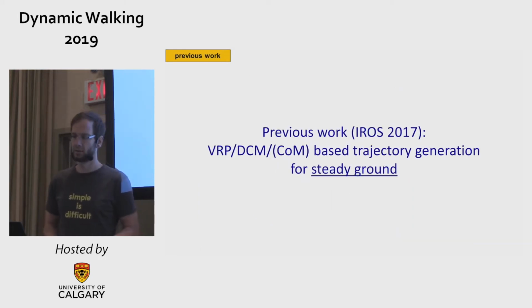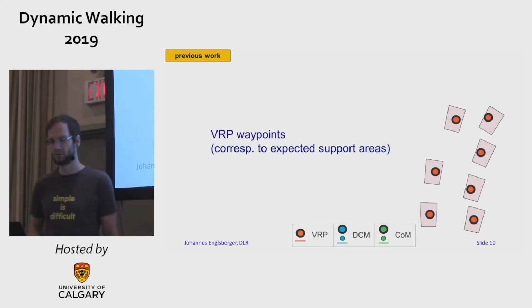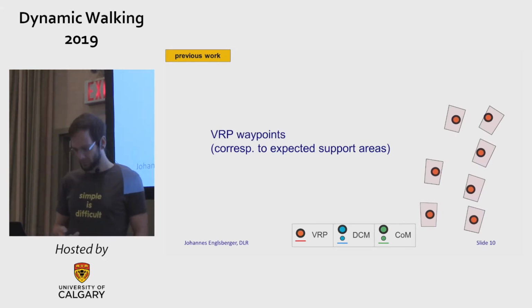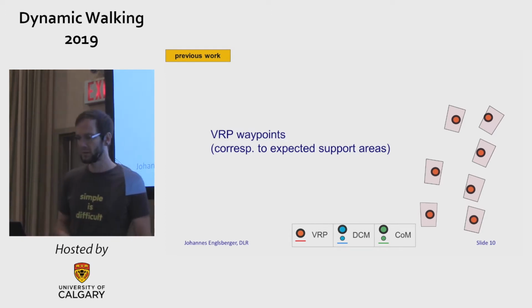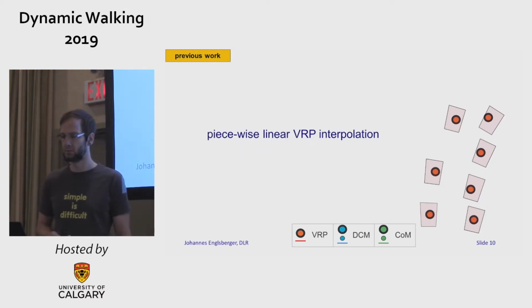In my previous work, I proposed trajectory generation methods for static ground based on this DCM. So let's have a look at this previous work first. I place VRP waypoints, the orange ones here, within the expected support areas, so expected footprints.